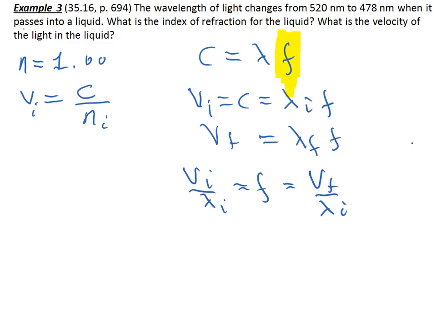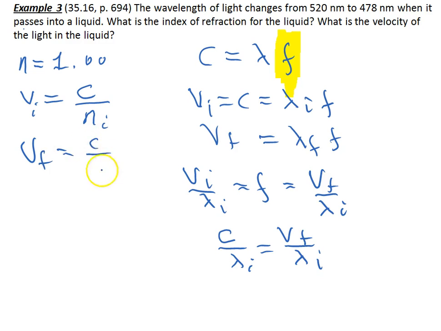So, replacing the initial velocity with the velocity of light, and just removing the frequency, which we don't actually require, if I know the final velocity, then I could use the expression Vf is equal to c over nf, where nf is the refractive index in the final medium.